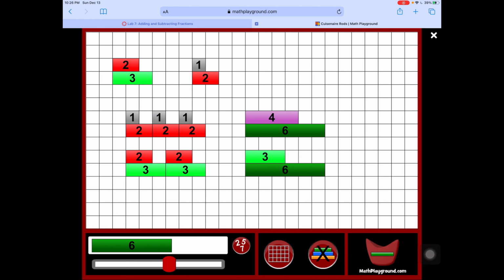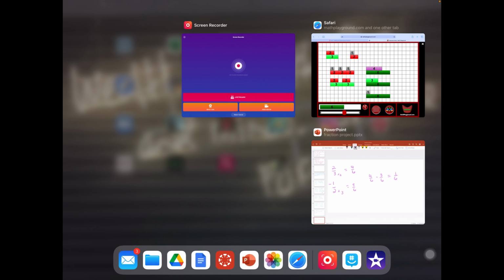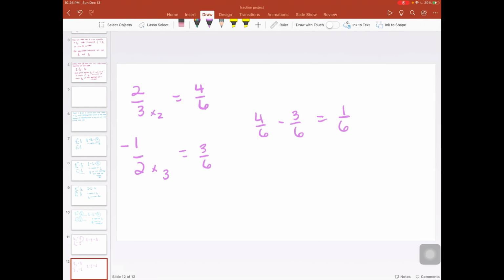And then when we subtract them, we get 1/6, which is just one copy, one shaded unit of 6 equal pieces of 1/6.